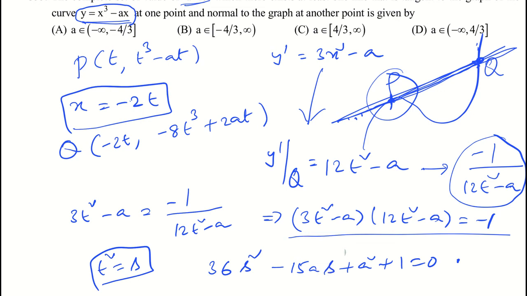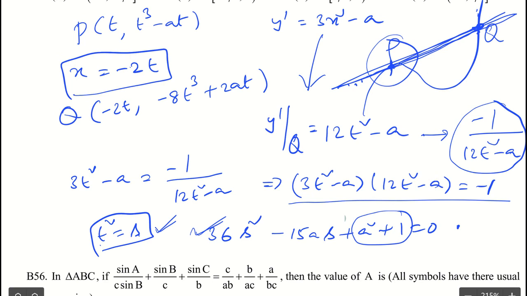You see, s is equal to t square. For this to have real roots, we want this equation to have at least one positive root. You can see that product of the roots is c by a, that is a square plus 1 by 36, which is obviously positive. So both the roots have the same sign.